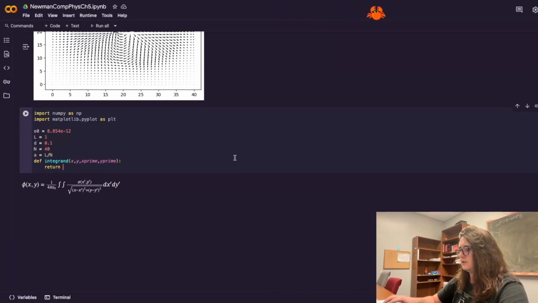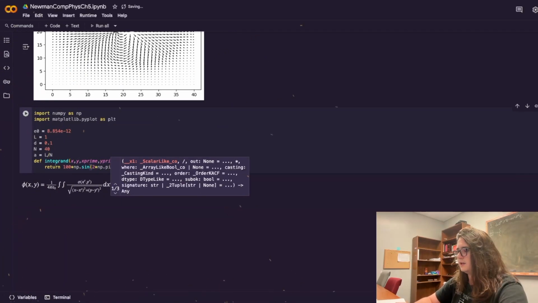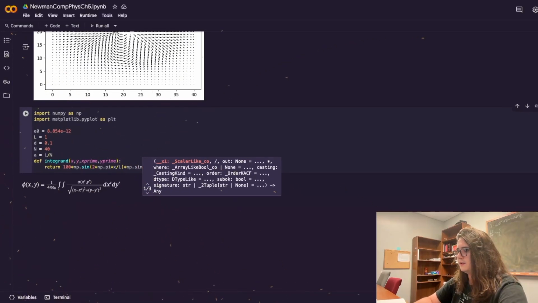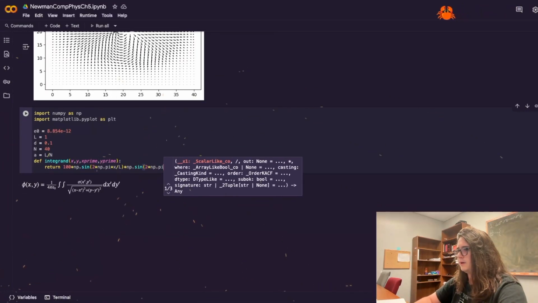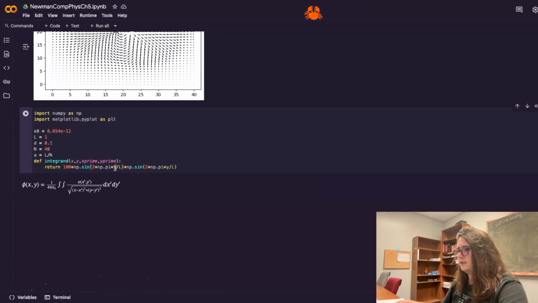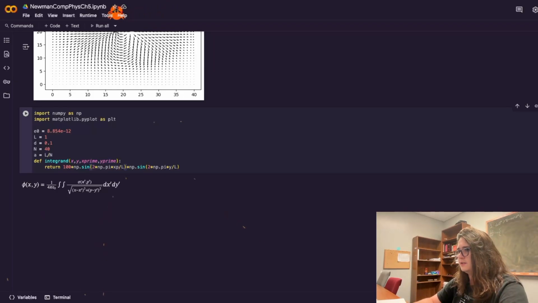So let's just write it all out explicitly in this return line. 100 times numpy sine 2 times pi times x over L times the sine of, again, 2 times pi times y over L. But then it's the sigma of x prime and y prime in the formula for the potential, so we better specify this as x prime and then y prime here.